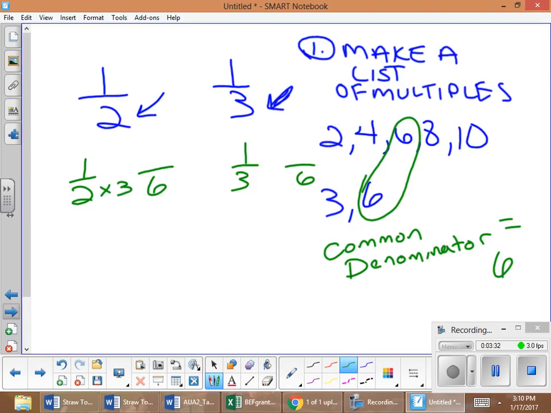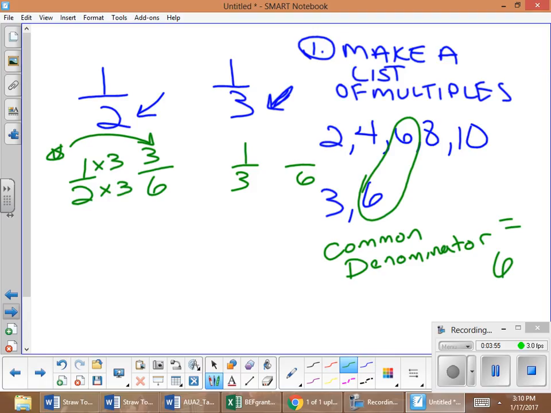A part where a lot of people mess up is they try to bring the 1 right here straight over, and that's a no-no. You have to remember Lindy's Law: whatever you do to the bottom, you have to do to the top. So if you multiply the 2 by 3, I have to multiply the 1 by 3 in the numerator, and now I have 3/6.